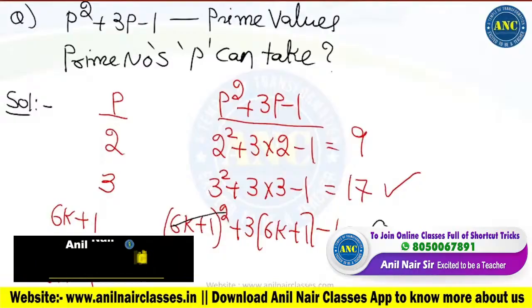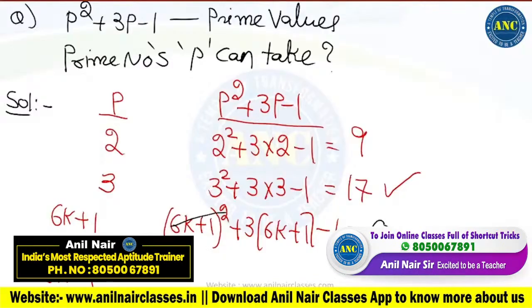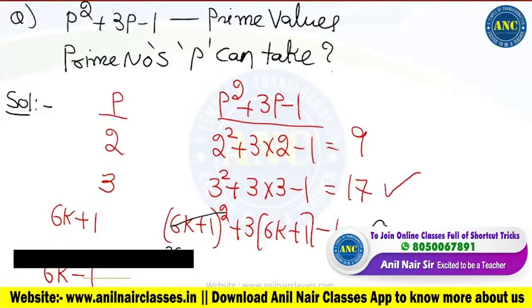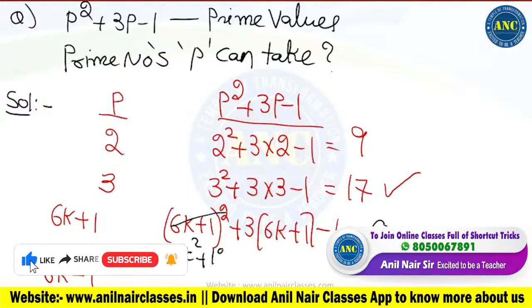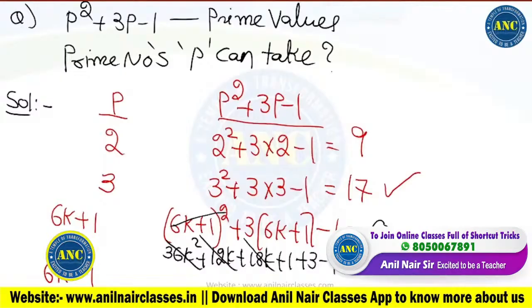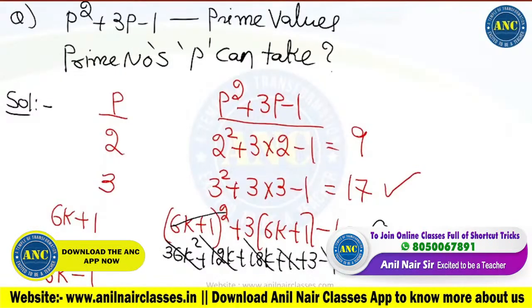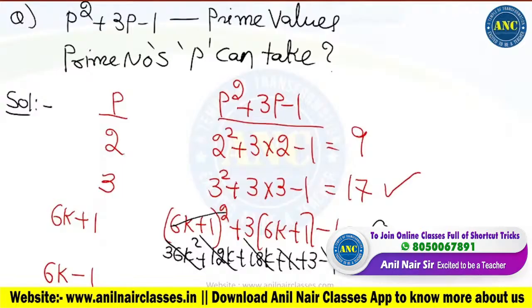That means it is perfectly divisible by 3. Again, opening it: 36k square plus 12k plus 18k plus 1 plus 3 minus 1. Divisible by 3, divisible by 3, divisible by 3. 1 minus 1 cancel. 3 is divisible by 3.